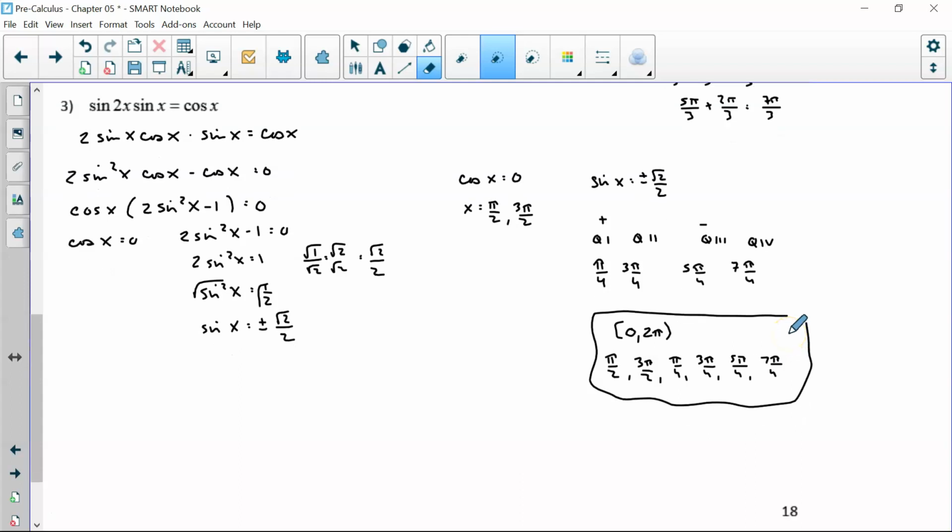Now, when we think about generalizing these, the general form, think about the unit circle. So for our pi over 2 and our 3 pi over 2, that's here and here. Those are pi apart.